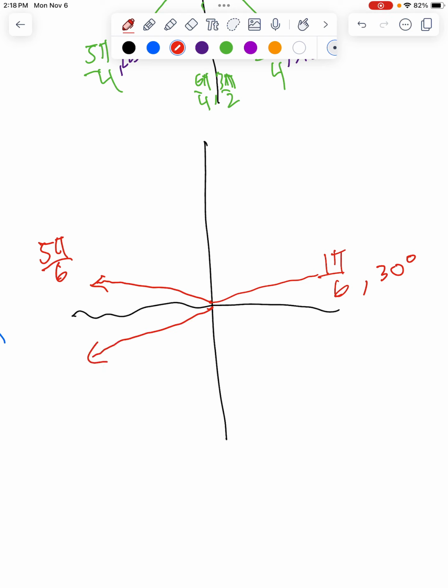So again, 6 pi over 6. Again, the 6's cancel out. This would be 7 pi over 6. And then again, moving forward, 8, 9, 10. And then I'm almost all the way around from where I started. This would be 11 pi over 6. I'm almost to 2 pi. Which again, 12 pi over 6, which would simplify to 2 pi.